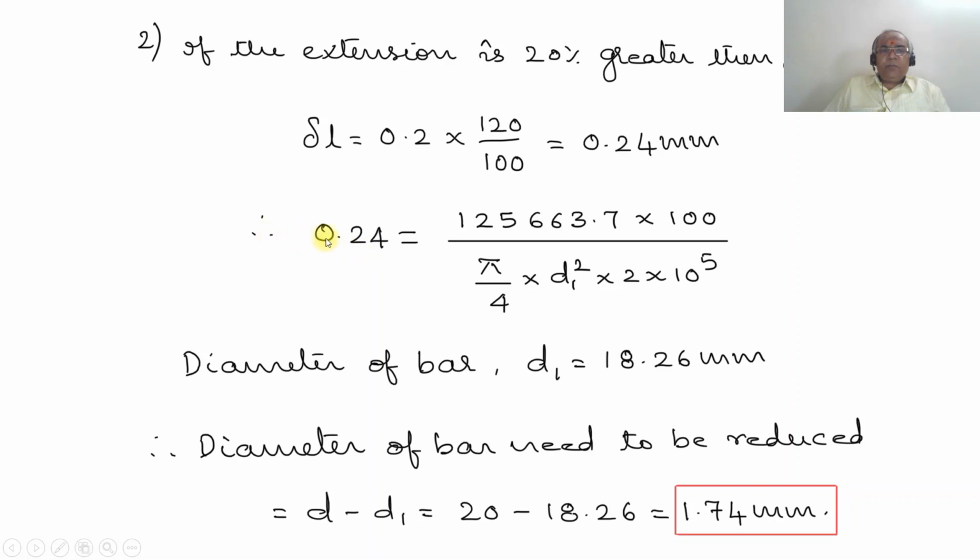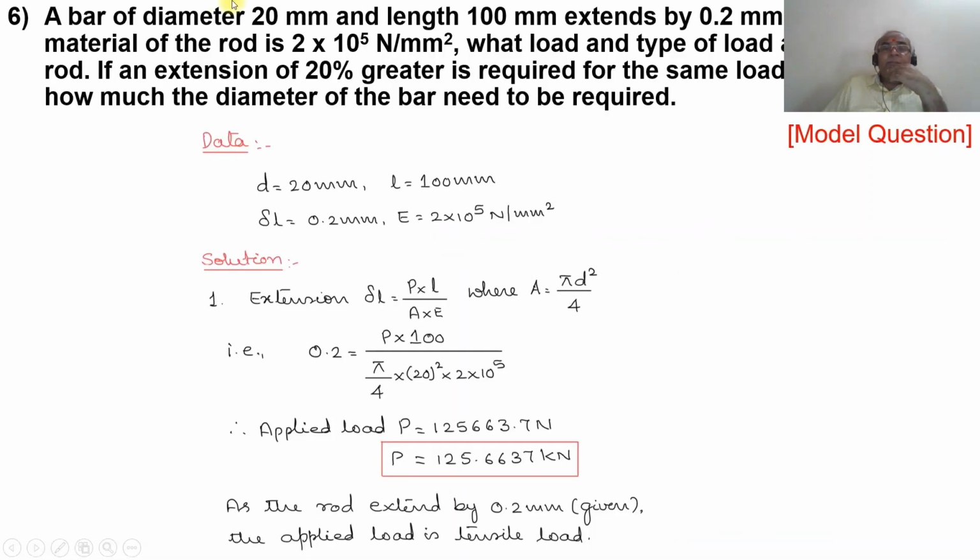So what is the load? Delta L will be 0.24 for the same load applied. So here he says what load and type of load is applied to the rod. If an extension of 20% greater is required, the extension delta L is already 0.2, plus the 20% greater.